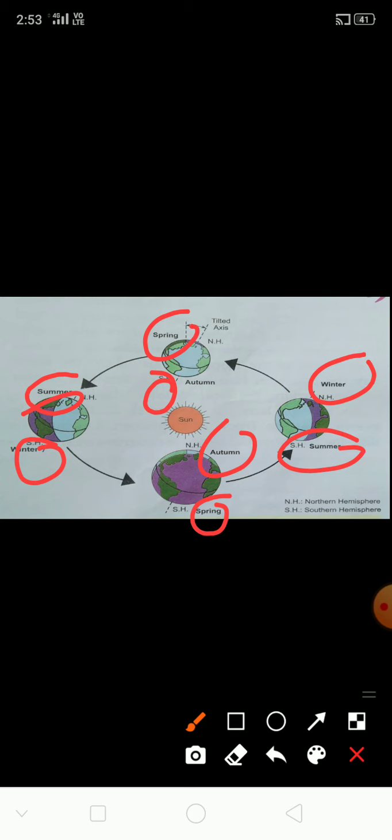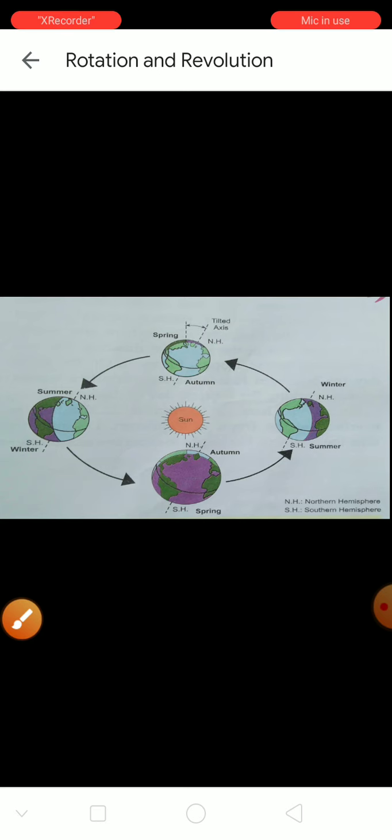NH means what? Northern hemisphere. SH means what? Southern hemisphere.